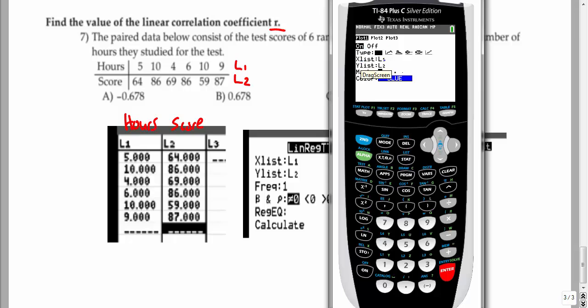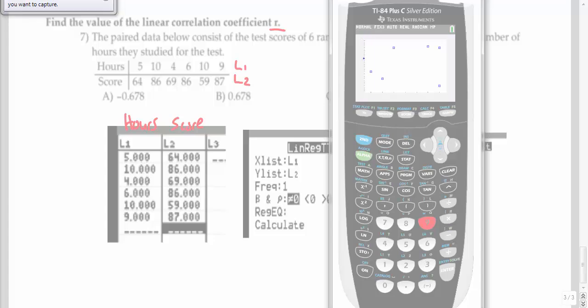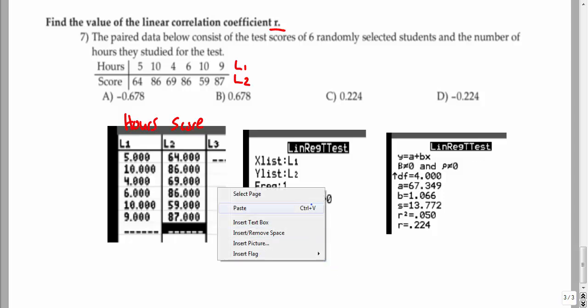Now your X list is L1 like we have here. Your Y list is L2 here. And I should just be able to go ahead and hit graph now. We might need to go to zoom stat. And here's my scatter plot. It doesn't look very linear to me. So let's see if we can squeeze this in.